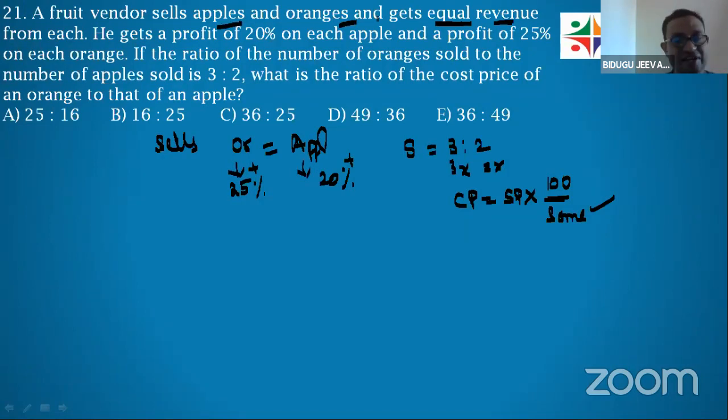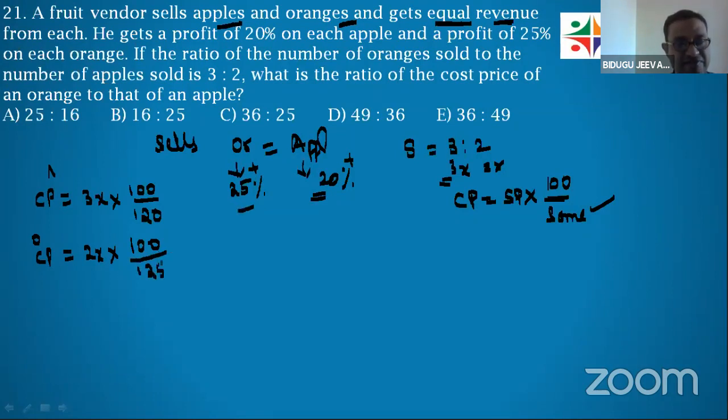Now, let me write clearly. This part is the CP for apples: 3x into selling price, 100 by 120, since it is 20% profit. Here is the CP for oranges: 2x into 100 by 125, since it is 25% profit.